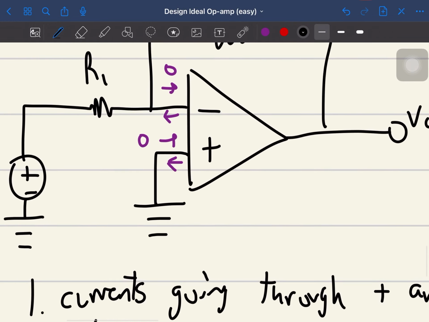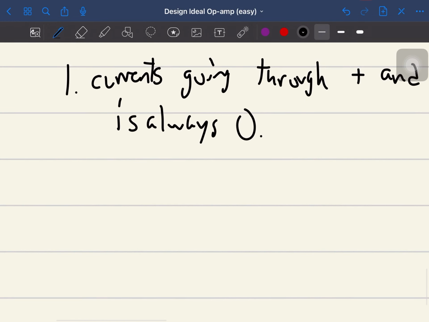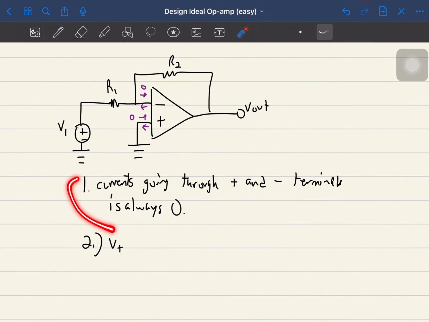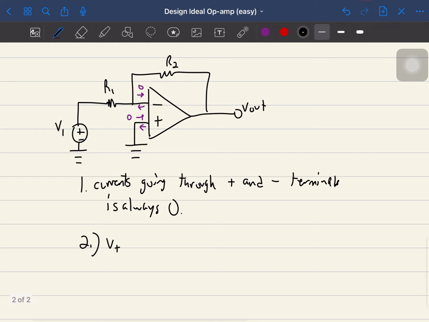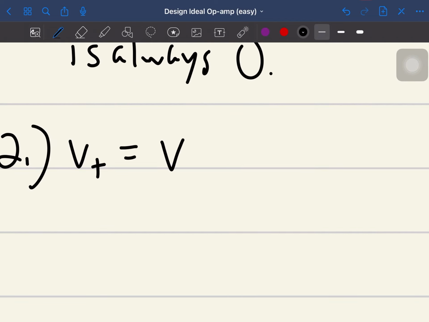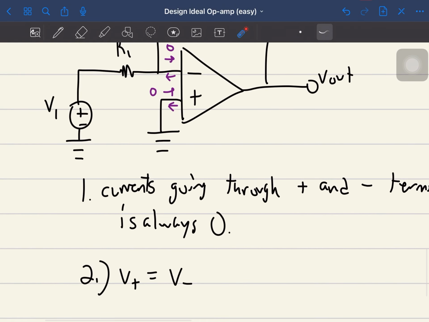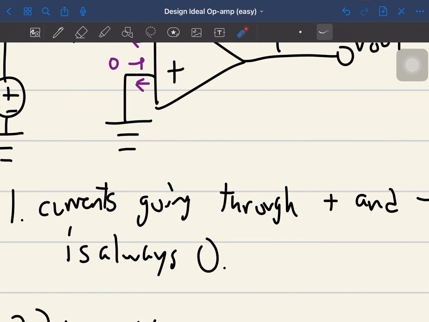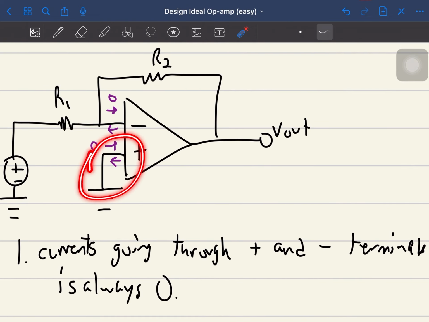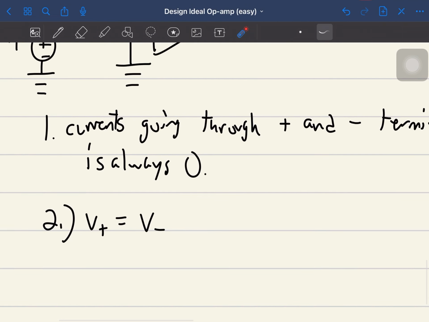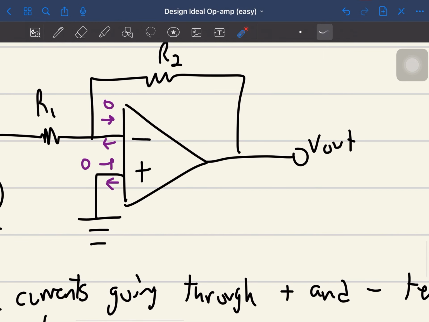So therefore, the next rule is V plus, the voltage going into this terminal, also equals the voltage in this terminal too. So V plus has to equal V minus. And since V plus goes straight to ground, ground is always zero. So the voltage in this terminal is zero. And since V plus is equal to V minus, this terminal is also zero.